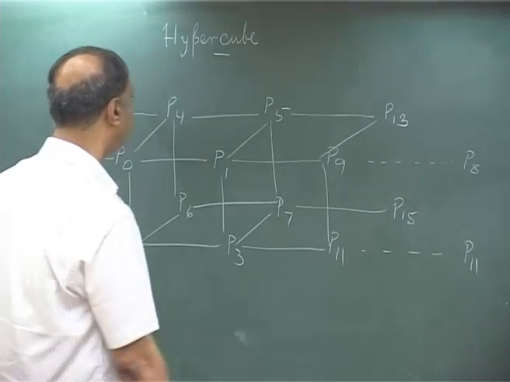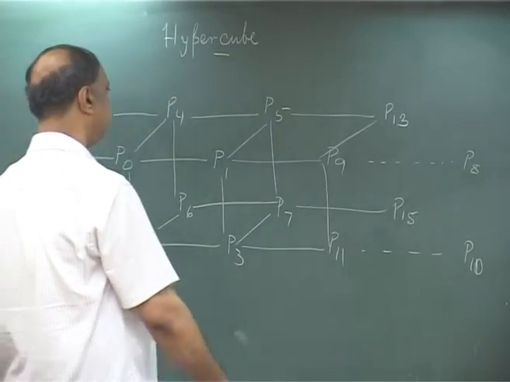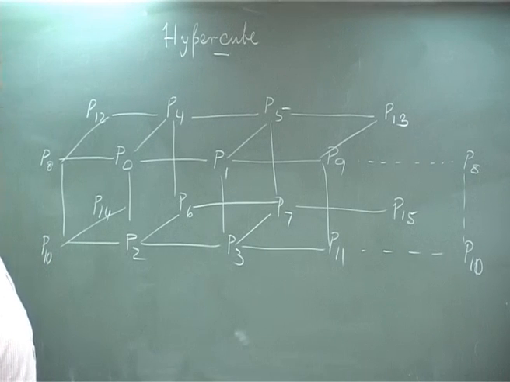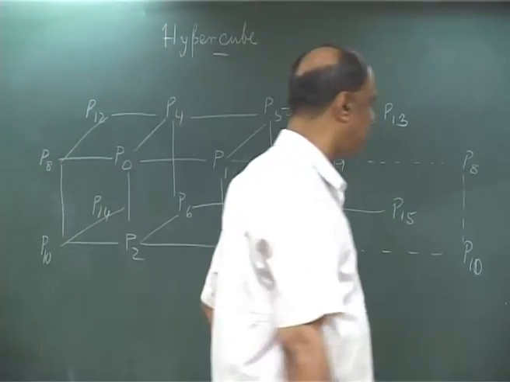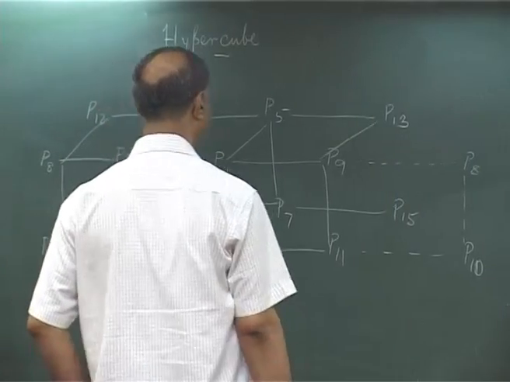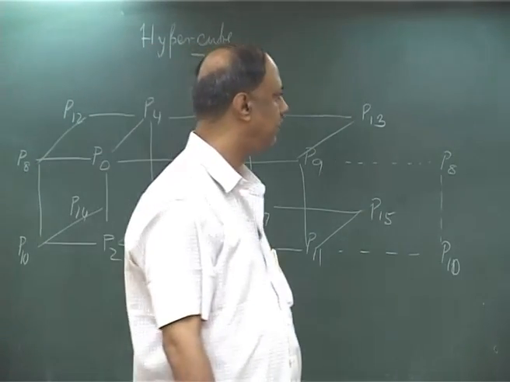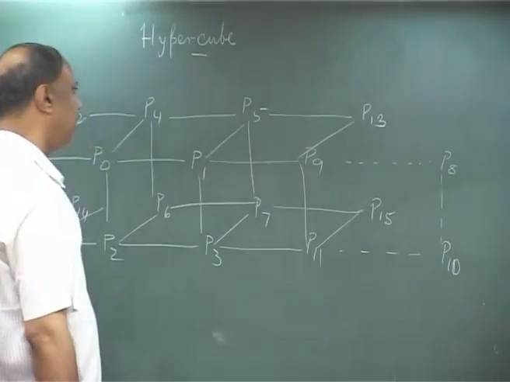Then 11 is connected with 10, 11 is connected with 9, 11 is connected with 15, and 11 is connected with 3. Done.